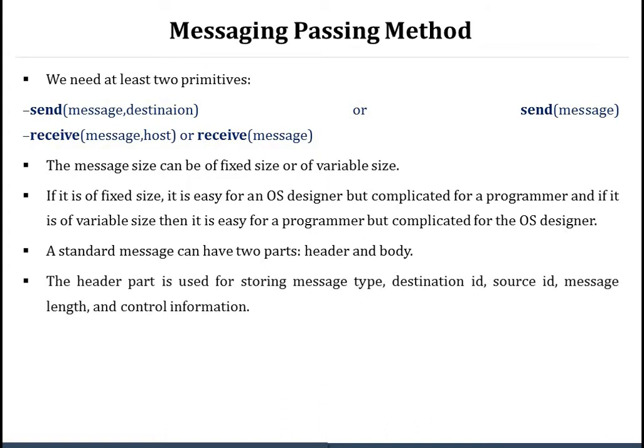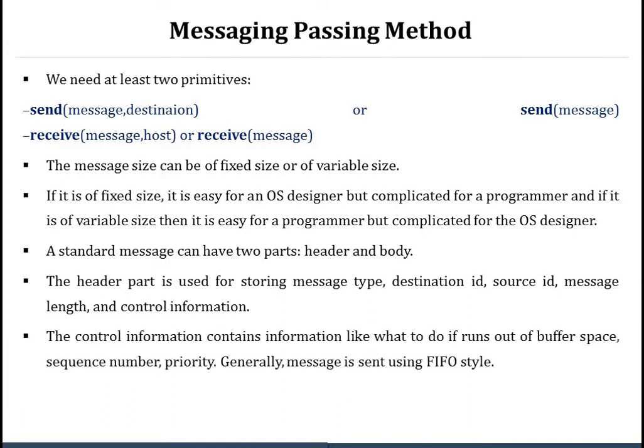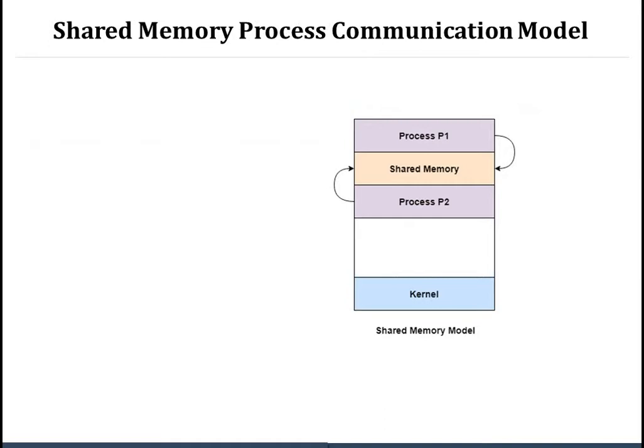The header part is used for storing message type, destination ID, source ID, message length and control information. All of this is part of the header. The control information contains information like what to do if it runs out of buffer space, sequence number, and priority. Generally a message is sent using FIFO style.